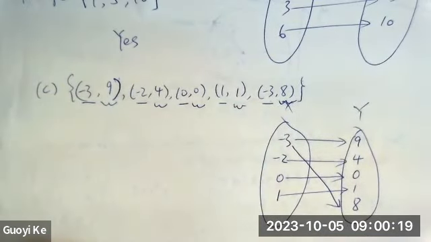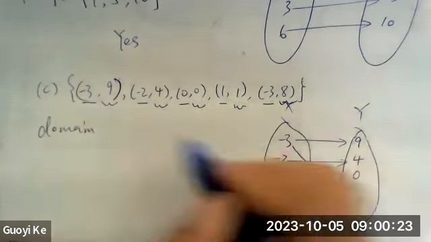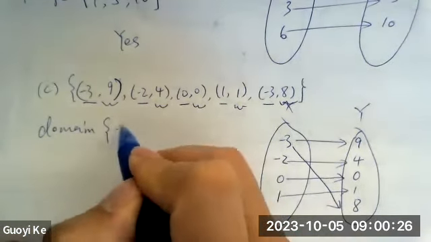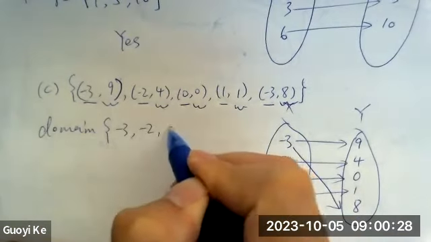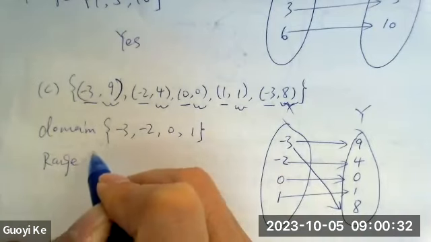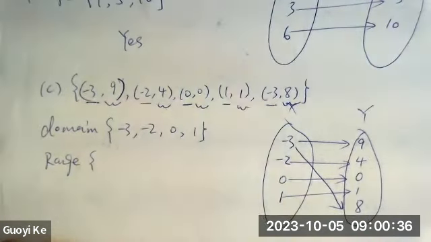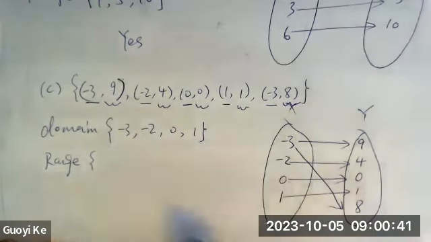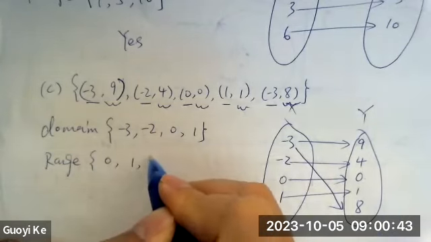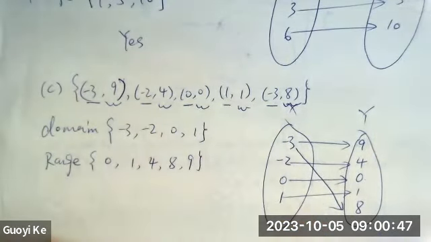Right? Now, the domain is the combination of all these elements. And the range, how to write down the range? Okay, the rule is here. Always write down from the smallest to the largest. So here it is 0, 1, 4, 8, 9. Okay, in your homework, follow this format.